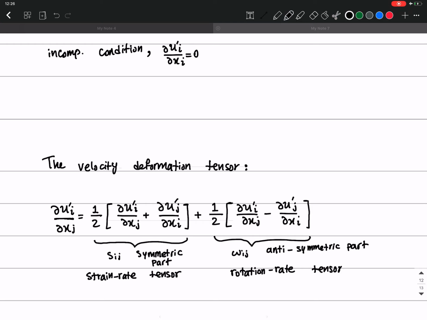Okay, so we have decomposed the velocity deformation tensor into a symmetric and anti-symmetric part, right? And this is the good thing about this decomposition.